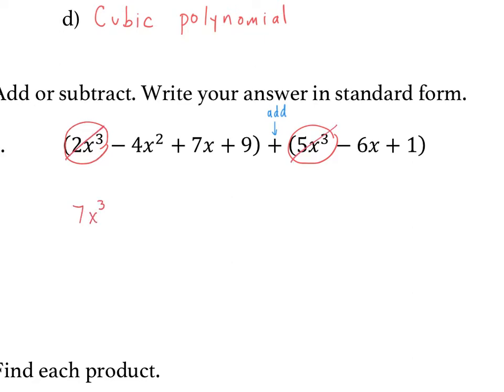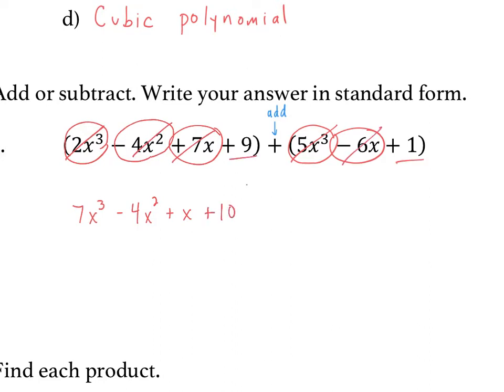I'll cross them out as we go. You only have one x squared term, so we just rewrite that. You have a 7x minus 6x, that's just x. And then 9 plus 1 is 10.